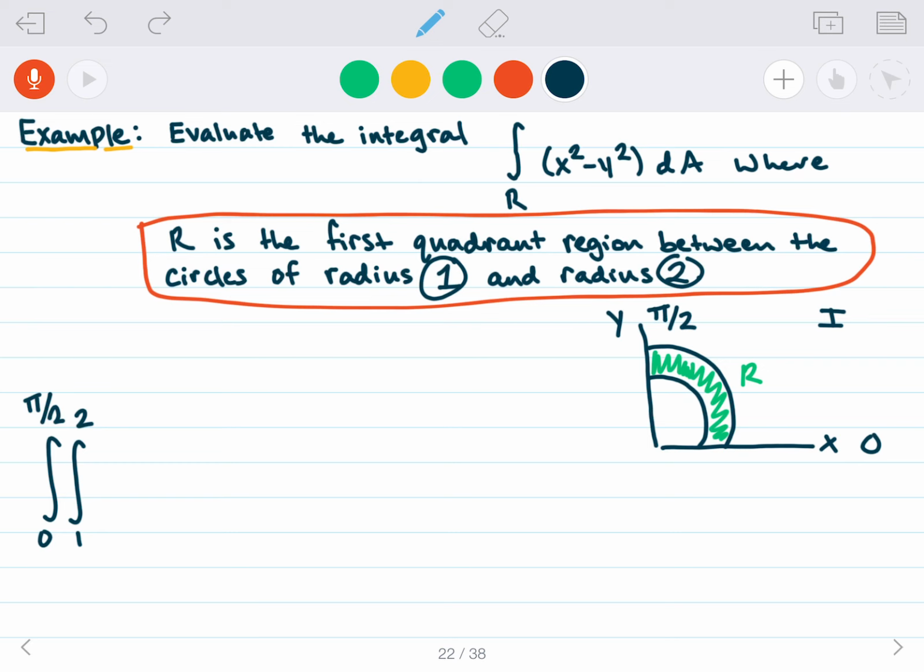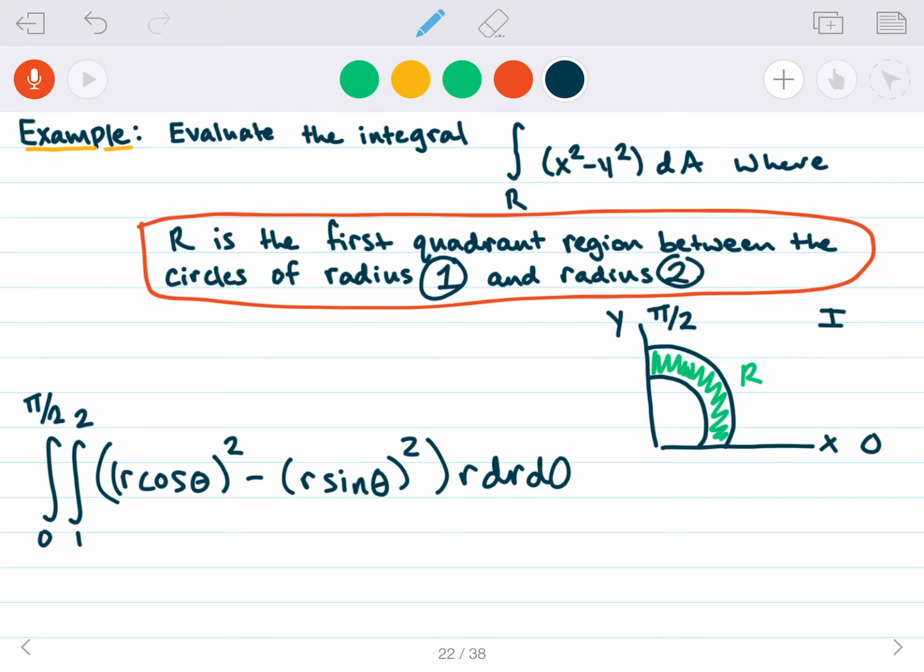We can't replace x squared minus y squared with r squared because of that annoying minus sign. So x squared we can replace with r cosine theta squared, minus y we can replace with r sine theta, squared. And the dA we're going to replace with r dr d theta.